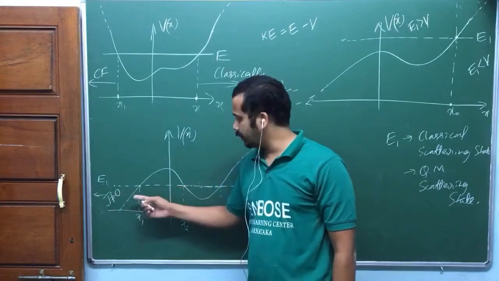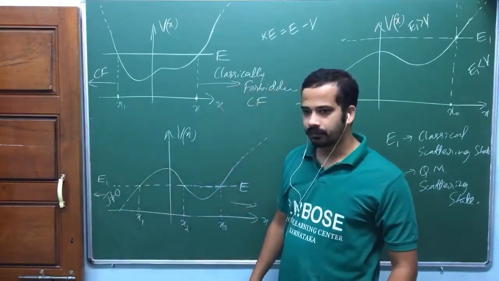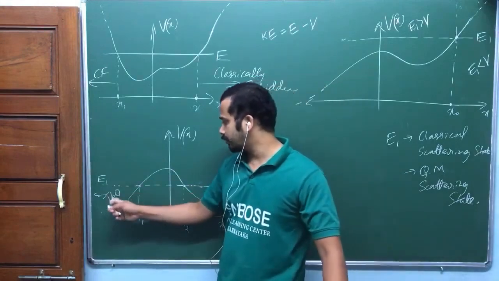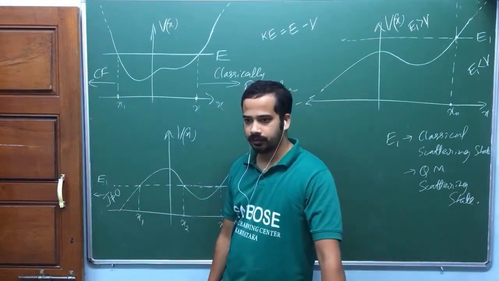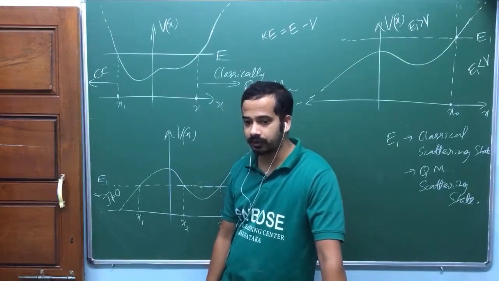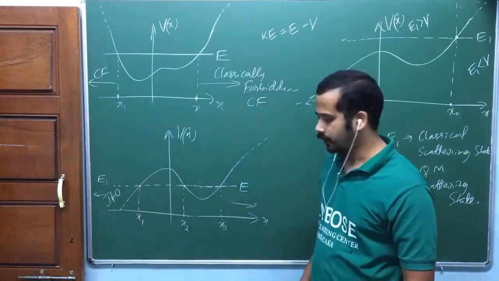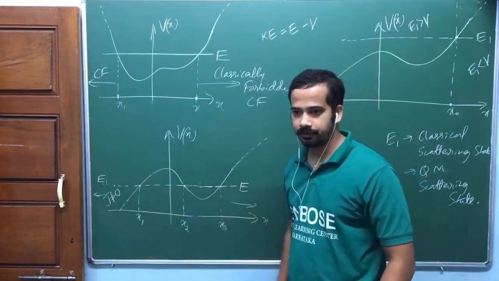Once it goes here, it is free to escape to minus infinity. Look at this region, energy is greater than V, isn't it? That means quantum mechanically the particle can escape to infinity, even if you start here.